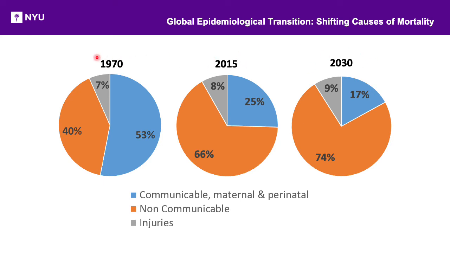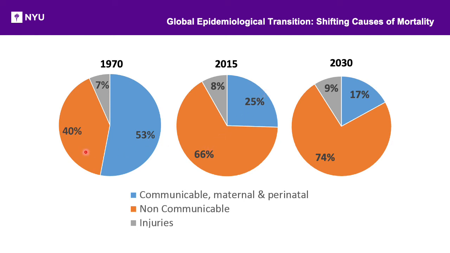In the 1970s, in the pie chart for the three categories, 40% made up non-communicable diseases, 7% was injuries, and 53% was communicable diseases, which consisted of perinatal and maternal diseases. By 2015, communicable diseases had decreased from 53% to 25%.